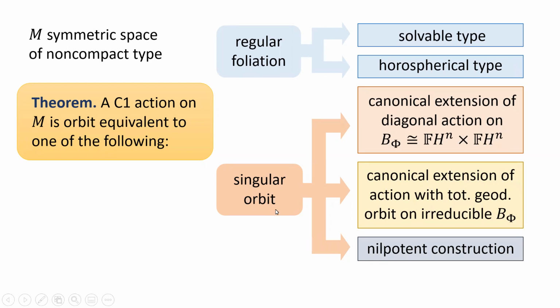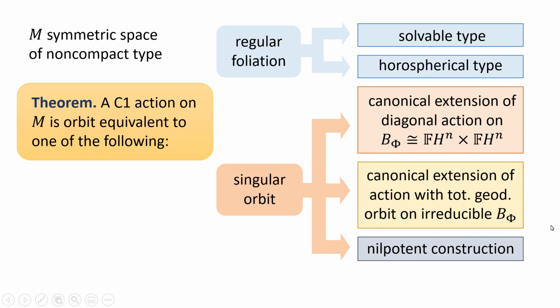When you have a singular orbit, you get three ways to construct such cohomogeneity one actions. They involve the two methods that I mentioned before, canonical extension and idempotent construction, which were initially introduced by Berndt and Tamaru. I will explain later what all this means, but I just wanted to give you an idea of what our main theorem says.